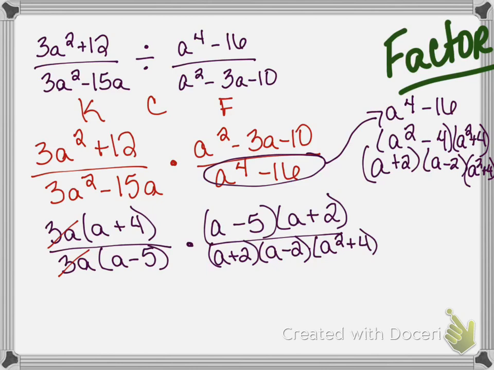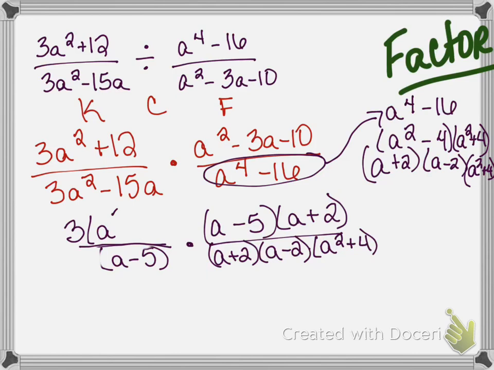Yes, ma'am? How did you get 3a out of the numerator? Oh. Yeah, you're right. You are absolutely right. The only thing I can take out of that's a 3. Okay.